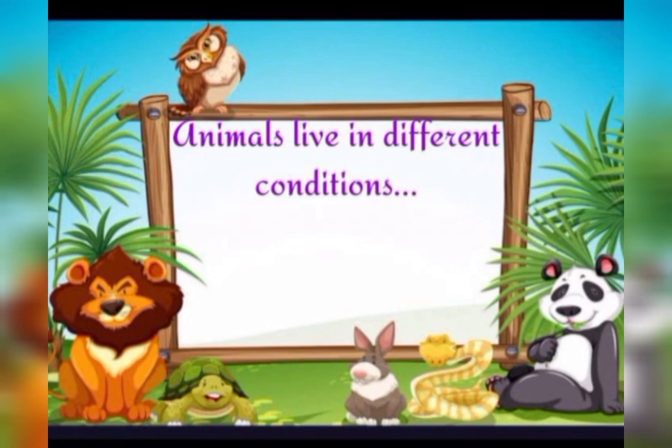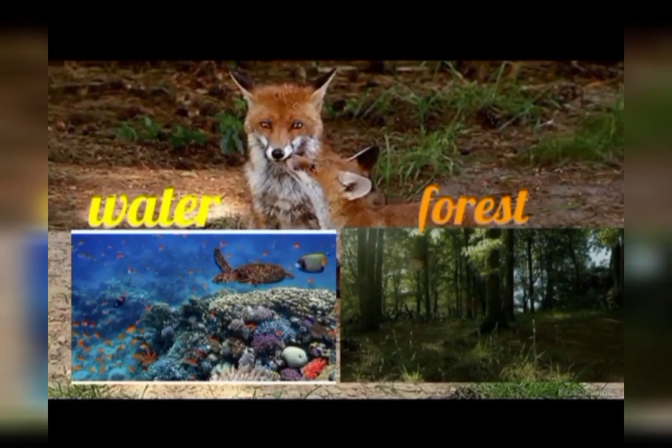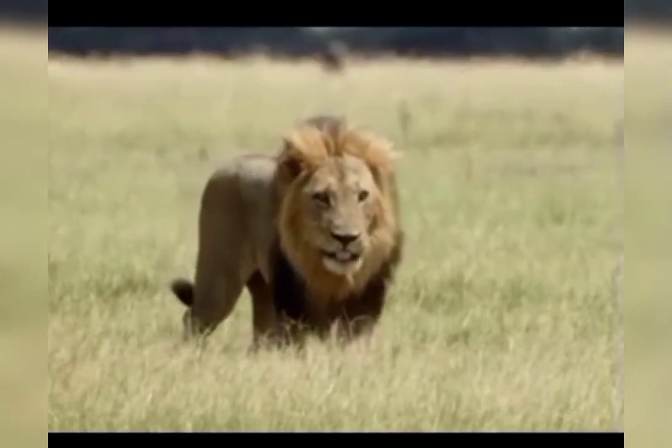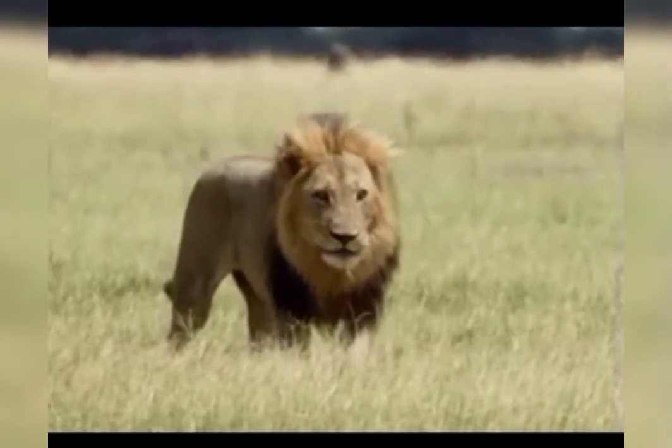Do all animals live in the same places? No, all animals live in different conditions. For example, whales live in the sea, that means in water, whereas a lion, tiger or fox can live in a forest.